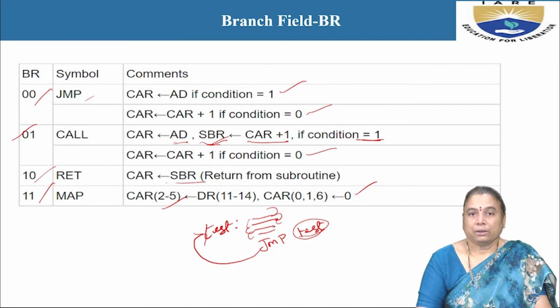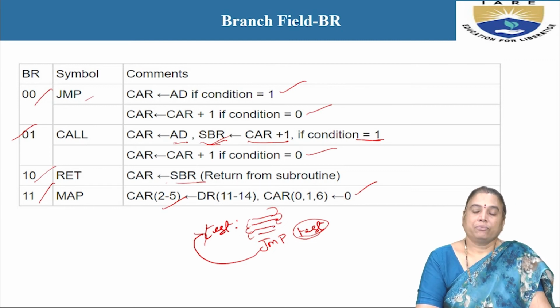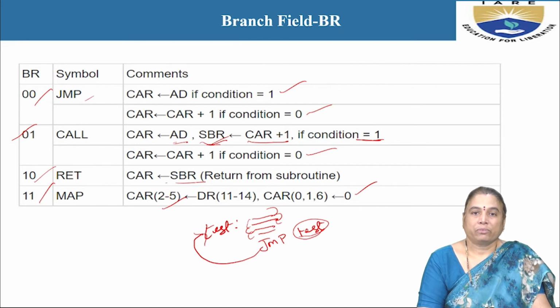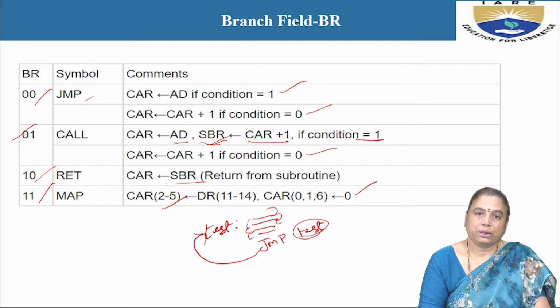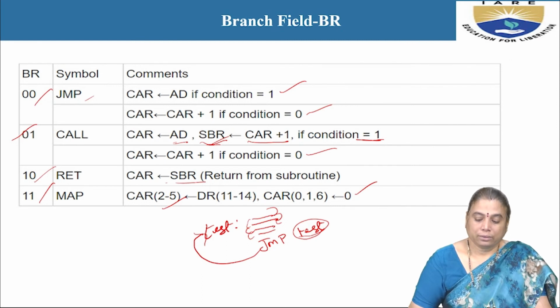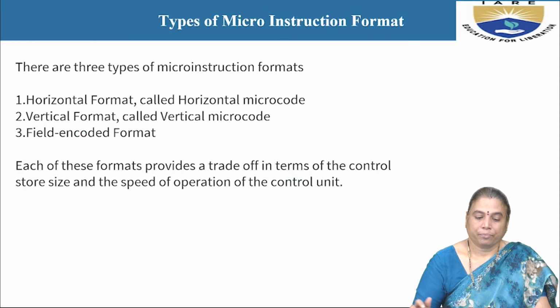So in the micro instruction format, the three fields F1, F2, F3, which are used to specify the micro operation, are of 3 bits length each, and the next 2 fields are condition and branching, which occupy 2 bits length each, and the next 7 bits are used to specify the address.